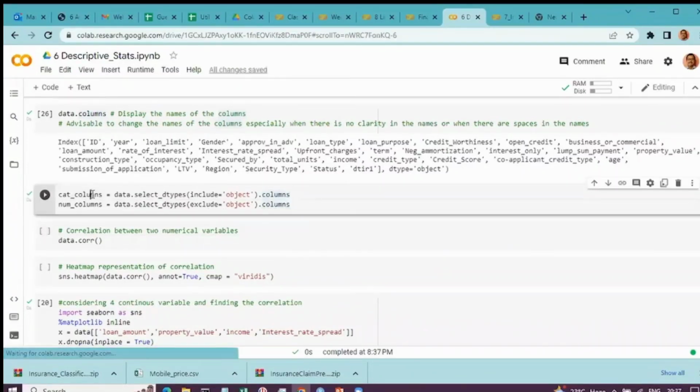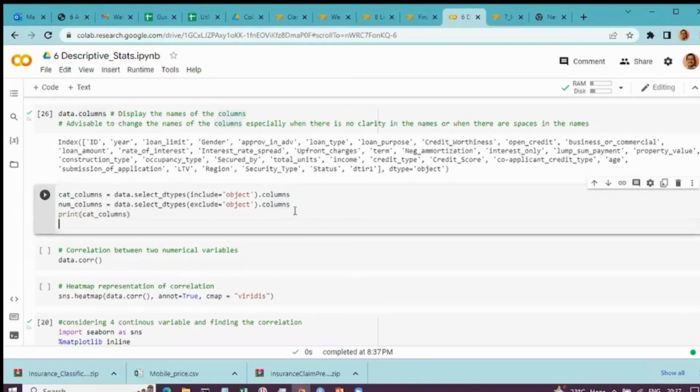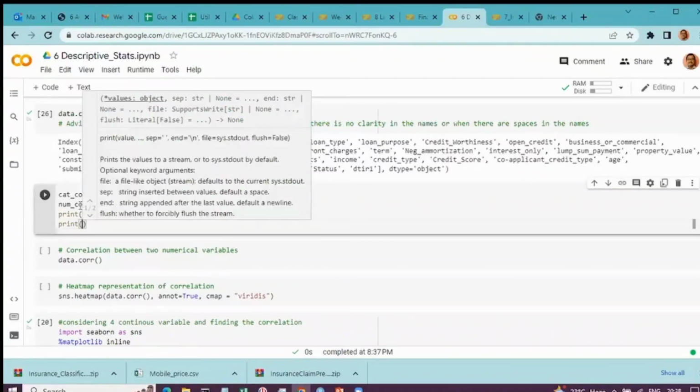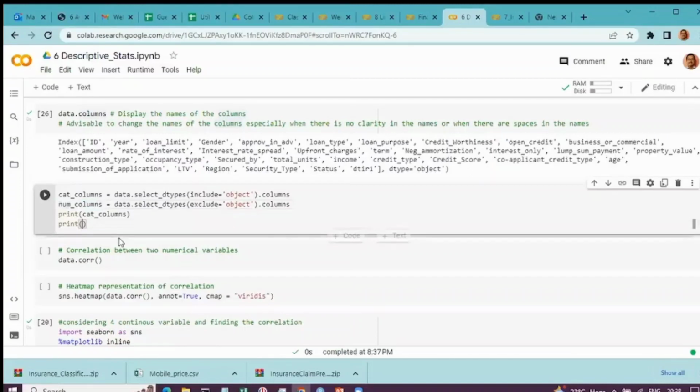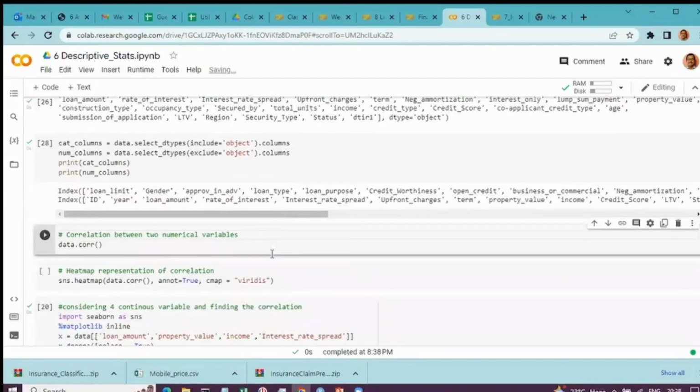If you really want to print them, you want to print the categorical because you want to handle them separately. So I am taking the categorical columns and let's say I am taking the numerical columns. The loan limit, gender, they are all categorical columns. ID, year, loan amount, etc. are all numerical columns. Now, typically, it might very well be possible that the data correlation is applicable only to numerical columns.